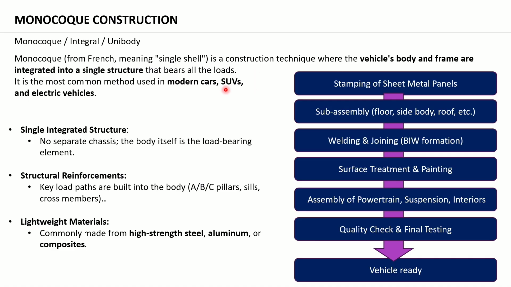It is the most common method used in modern cars, SUVs and electric vehicles. The monocoque construction has different structures integrated: a single integrated structure, structural reinforcement, and light materials.